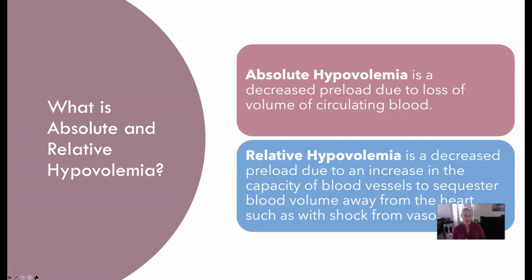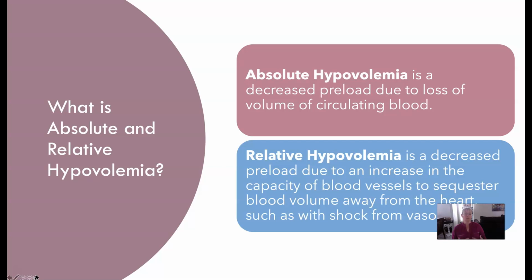Relative hypovolemia is more so inside the body. You haven't necessarily lost blood outside the body, but inside the body. It's due to an increased capacity of blood vessels to sequester blood volume away from the heart, for example, shock with vasodilation.